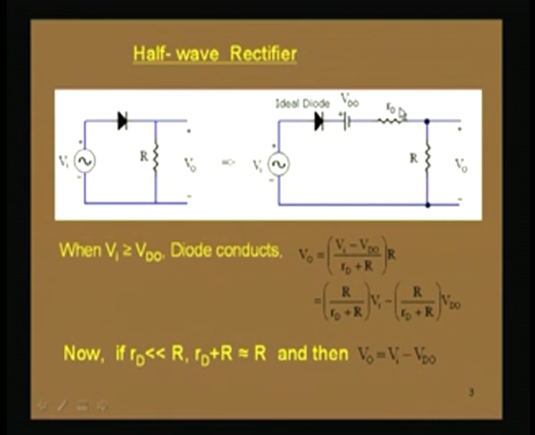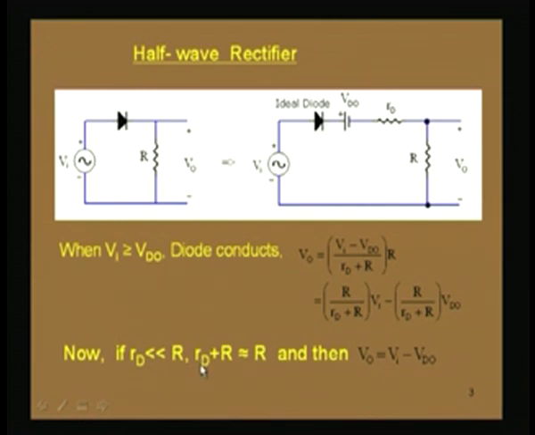So, if that is the case, that is R_D, the average resistance of the diode, is very small as compared to R, then the denominator in these two terms, R_D plus R, can be approximately written as equal to capital R, because this whole term will be almost equal to capital R, since R_D is very small.